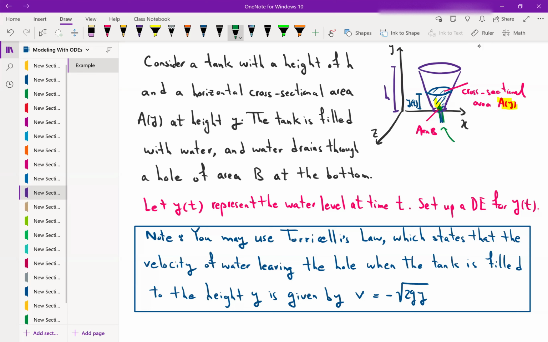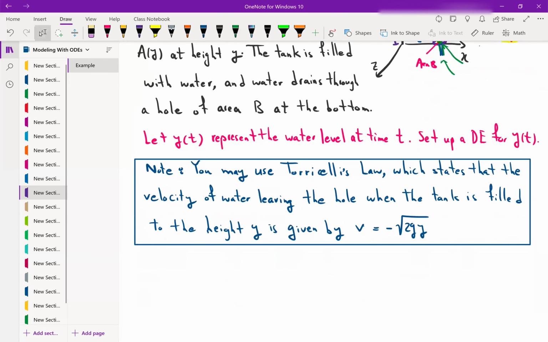Awesome. So we know the velocity of the water as it is leaving this hole at the bottom of the tank. We want to derive our differential equation for y of t. And like I said, our derivation will be based on a very simple conservation law, a very simple balance principle. So let me write that.